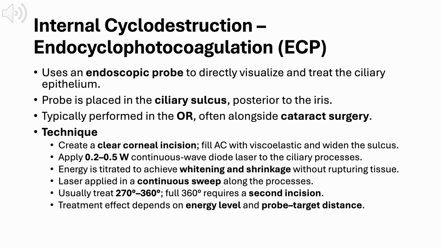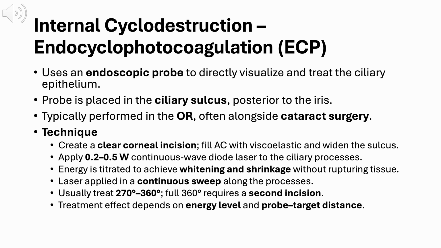Now shifting from external techniques to internal cyclodestruction, endocyclophotocoagulation gives us a way to directly visualize the ciliary processes rather than treating through the sclera. Using an endoscopic probe placed into the ciliary sulcus, we can target the non-pigmented epithelium with much greater precision.